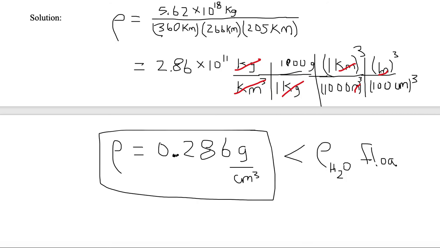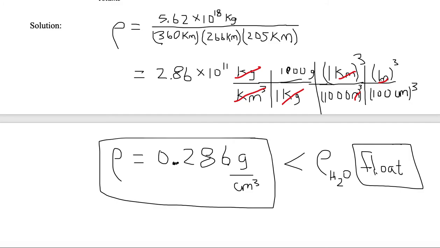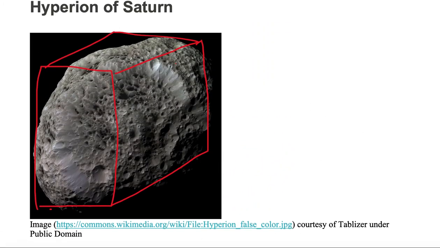Now this makes sense because if you take a look at Hyperion, it looks very icy. There's a lot of ice with the Hyperion and some rock, but it's mostly ice.